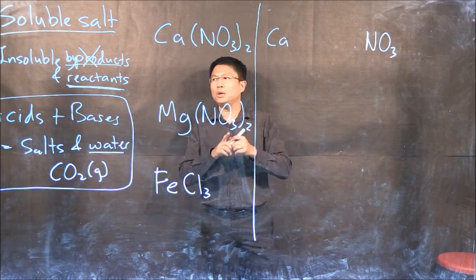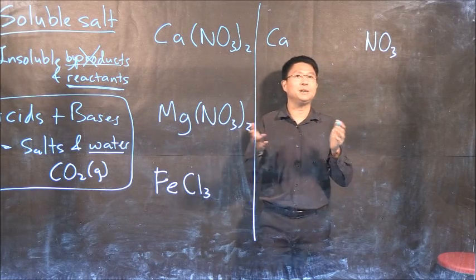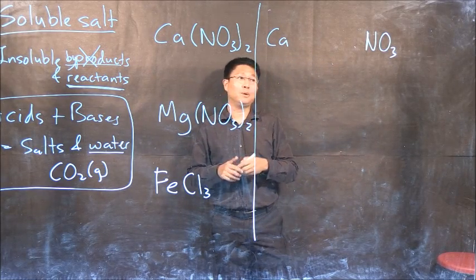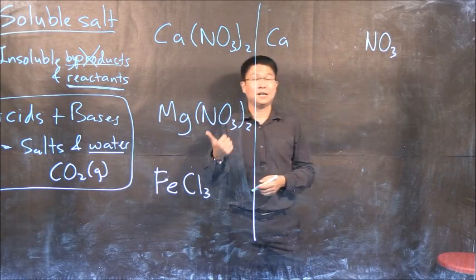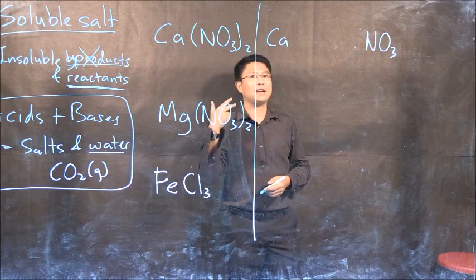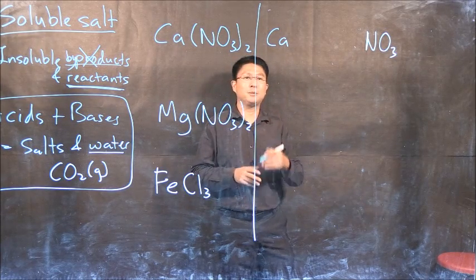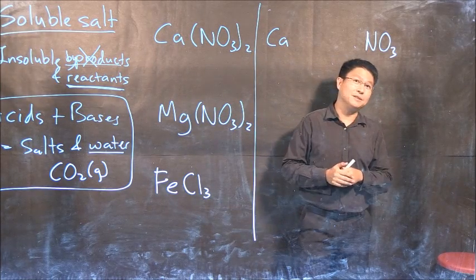Now let us consider which of these is likely to be the acid and which of these is going to be the base. Well, we know that most of the bases consist of the metal hydroxides, metal oxides and metal carbonates. Therefore, calcium has to be part of the base and the nitrate has to come from the acid.